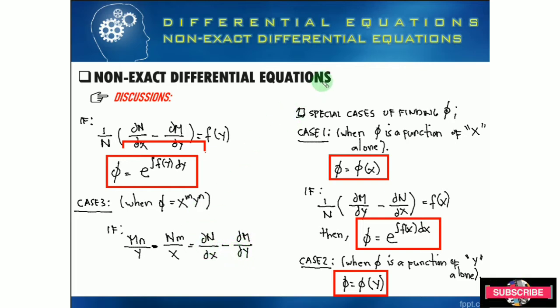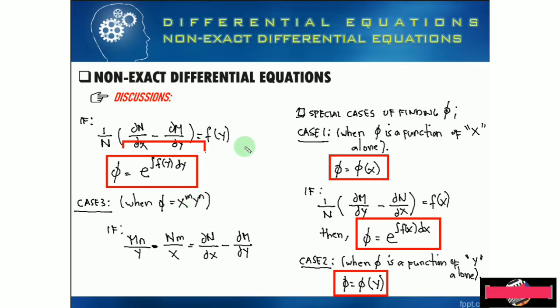Okay, and these are the 3 cases just in case we encounter non-exact differential equations. So we have to remember this one. And if this is applicable, you may use one of these 3 cases, or you may use all the 3 cases if possible.